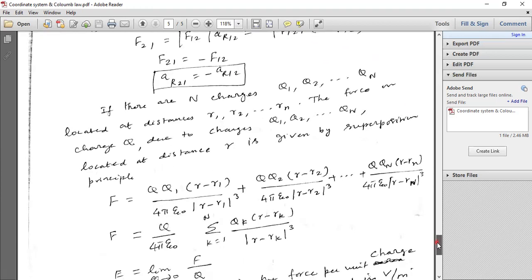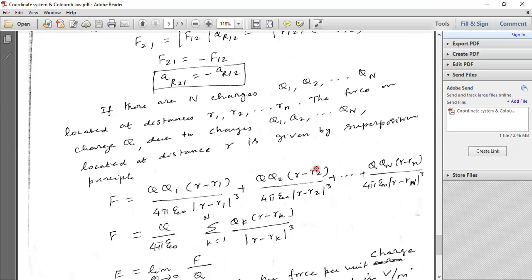Suppose there are n number of charges located at distances R1, R2 up to Rn. The force on a charge Q due to charges Q1, Q2 up to Qn located at distance R is given by the superposition principle.